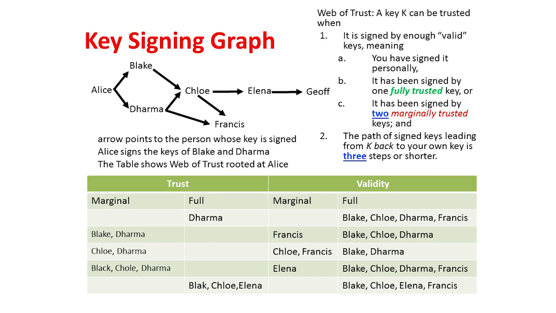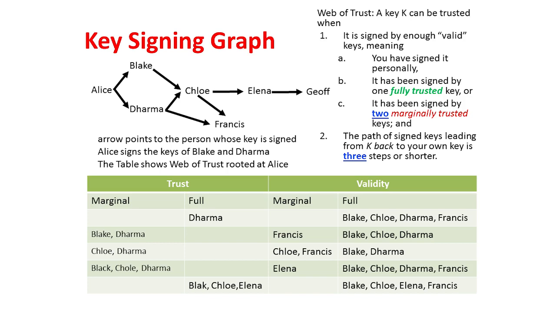Row 3, Chloe and Dahmer are marginally trusted. In this case, Chloe's key will be marginally valid since Dahmer's key is fully valid. Francis' key will also be considered marginally valid since a fully valid key can be used to validate others' keys, and Dahmer's key is the only fully valid key that has been used to sign Francis' key.